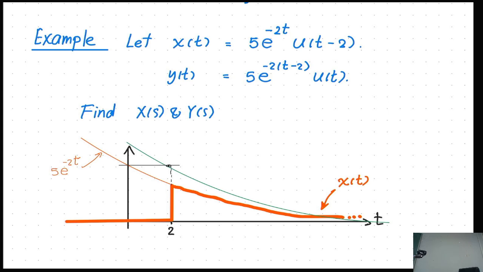Instead of this height happening at time 0, it happens at time 2. So the thin green line here is 5 e to the negative 2 (t minus 2).